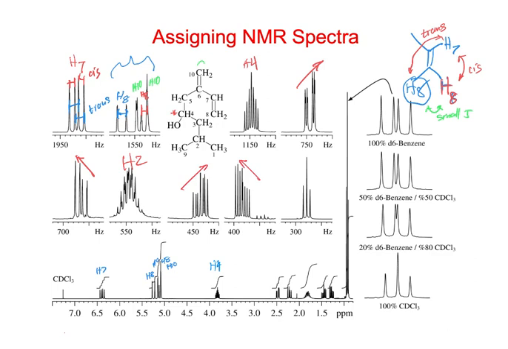So what that tells me is that each of those pairs, this pair and this pair, are diastereotopic protons. Their chemical shifts are kind of close, and so they're tilted towards each other. And you can see it down here too.